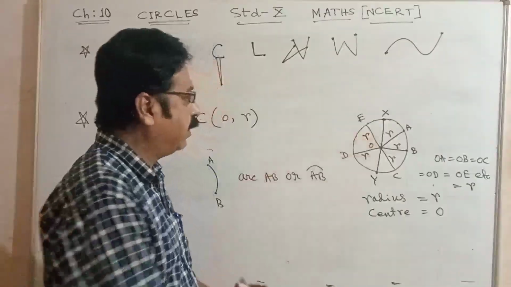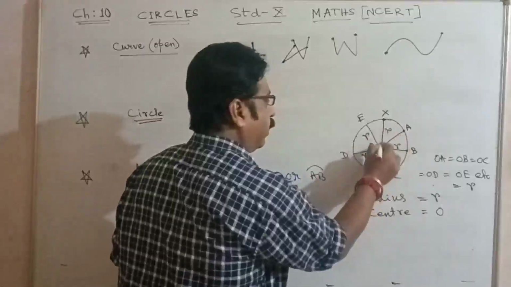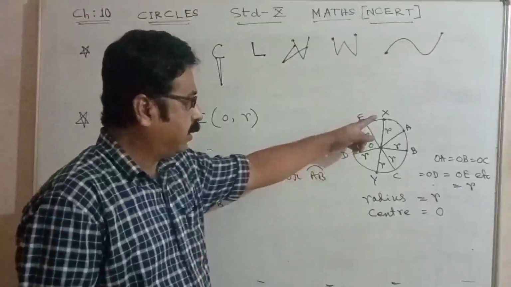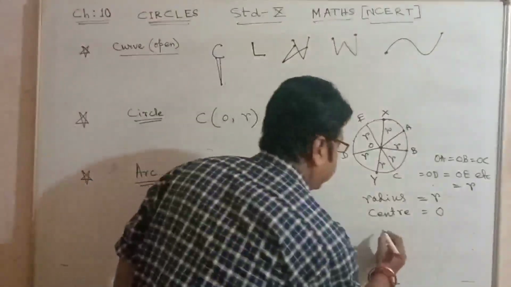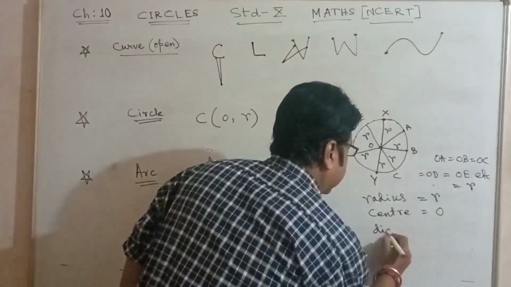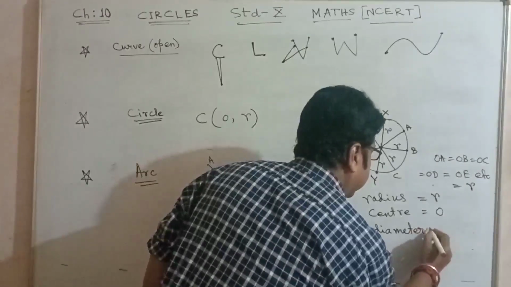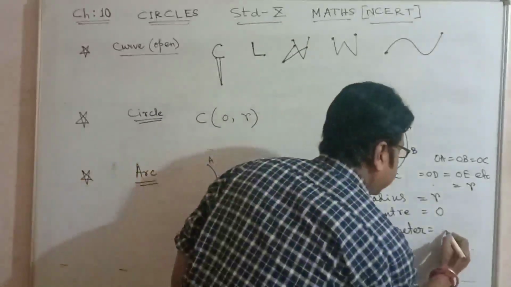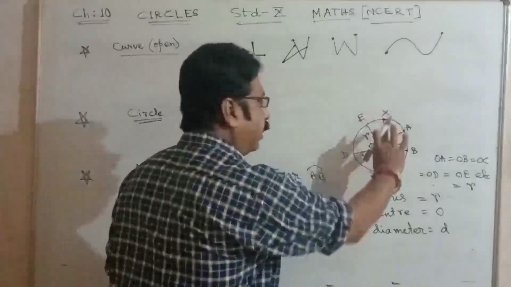That is also R, and OY, that is also R. Then this XY is called the diameter. Diameter is denoted as D, and D is double the radius.